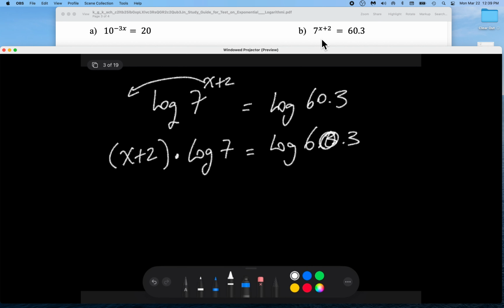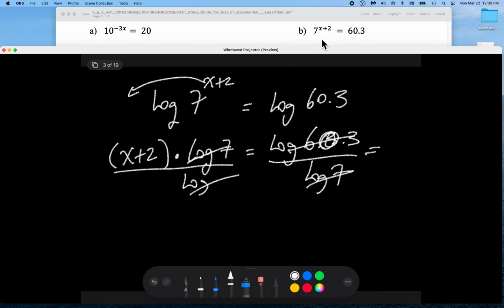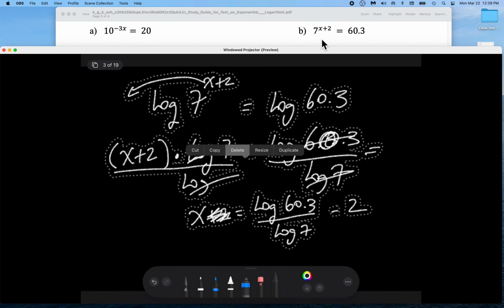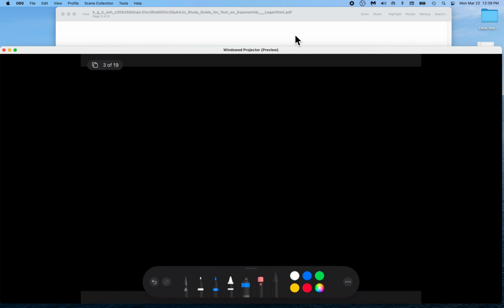Divide both sides by log of 7. You get whatever that number is. x plus 2 is going to equal whatever the log of 60.3 divided by log of 7 is, and then subtract 2, and that's your final answer. Sorry to rush, but like I said, I'm a little pressed for time. I apologize.